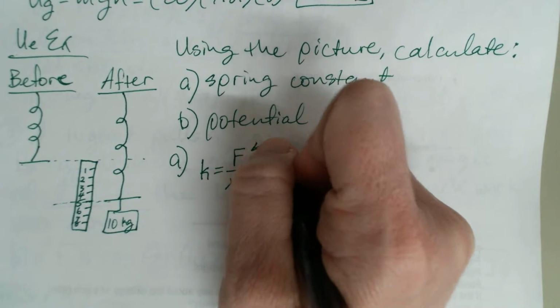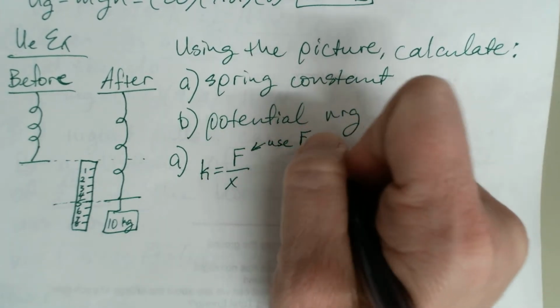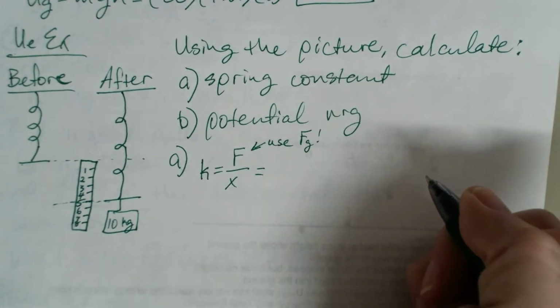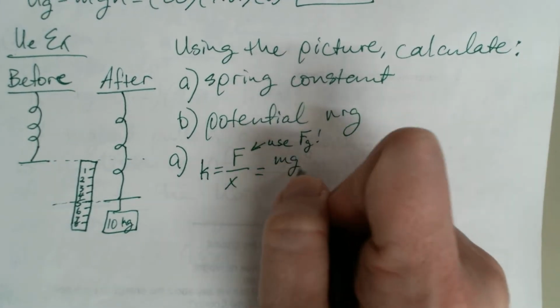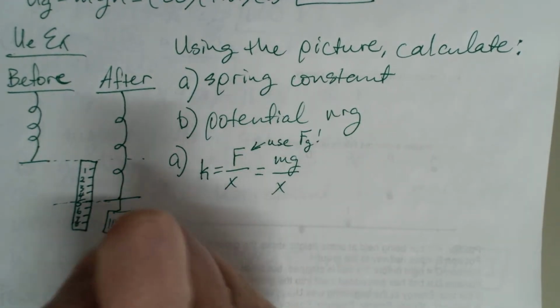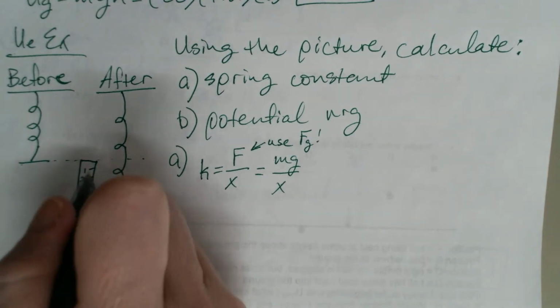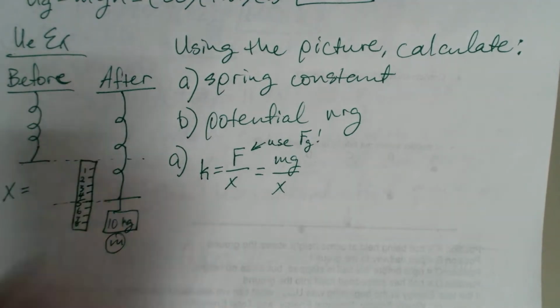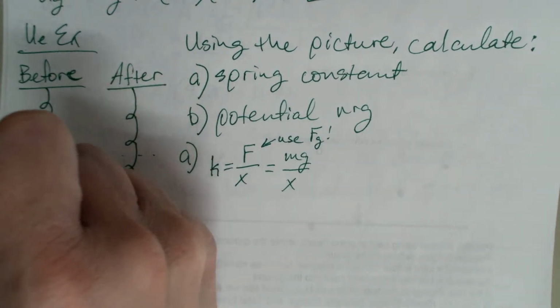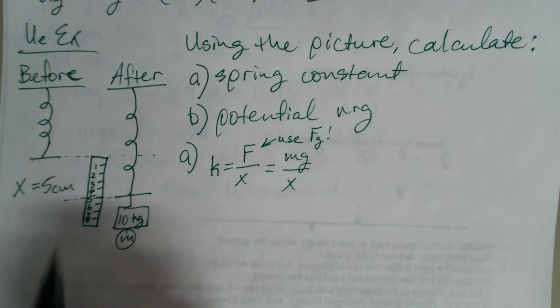FG is just mg, so I'm going to modify this equation a little and call it mg over x. I have the mass. And according to my little scale here, what is my x equal to? How many centimeters? Probably about 5. So 5 centimeters. Remember I said it was a centimeter ruler.